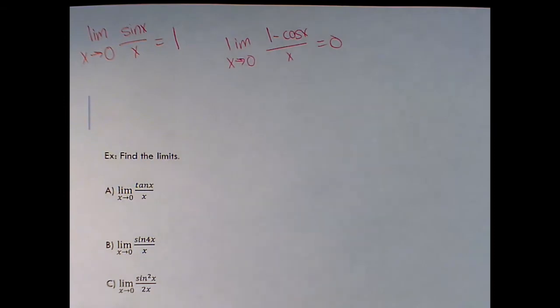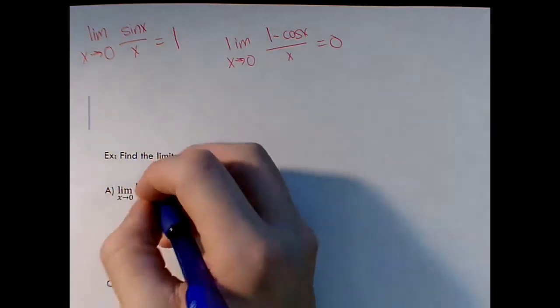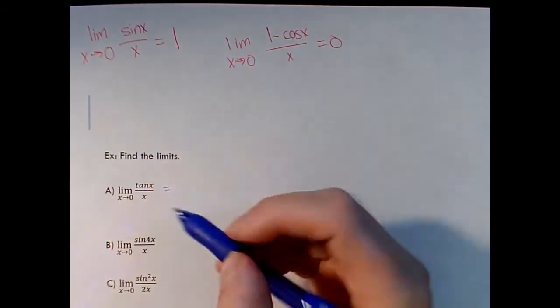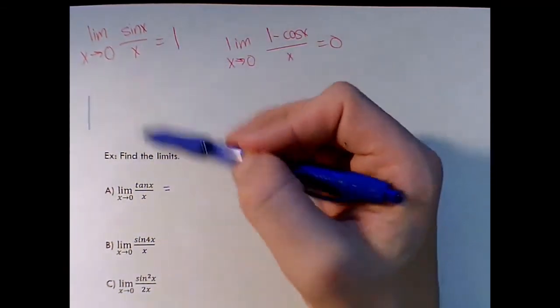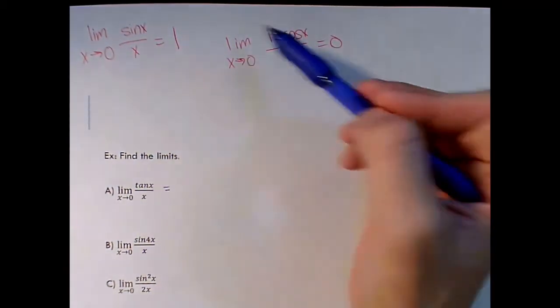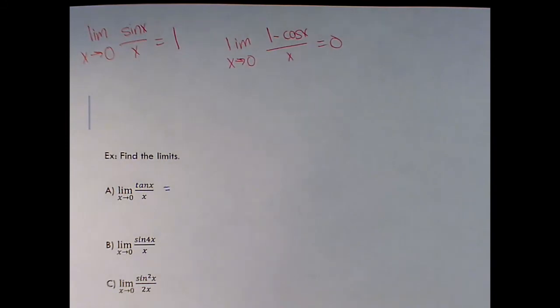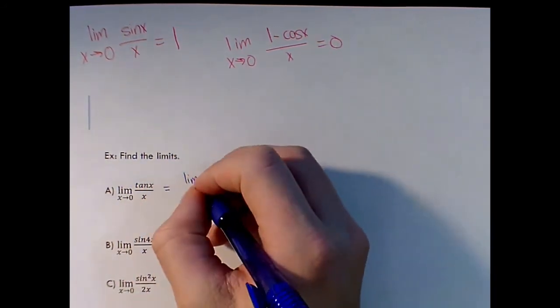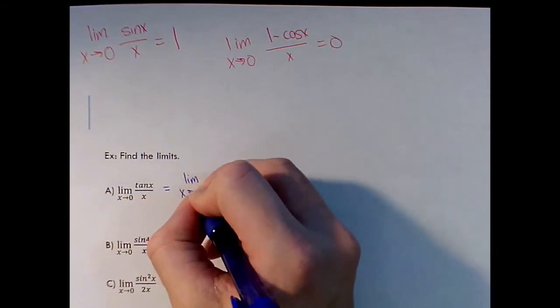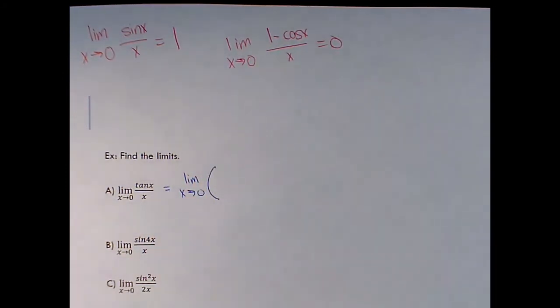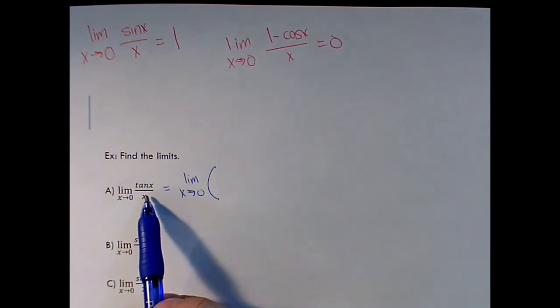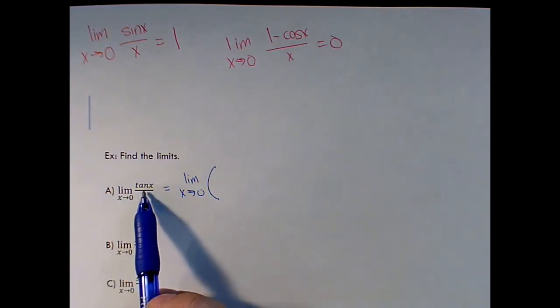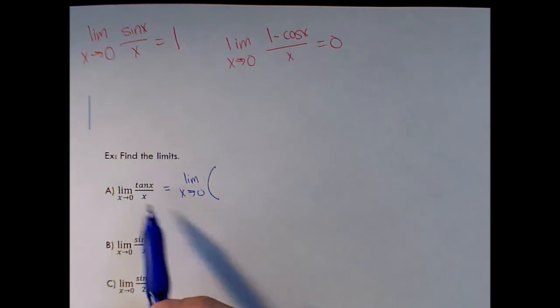So what can I do here? Well, if we're not directly given these guys, we're going to turn these guys into one of these guys by either changing the trig function into what we need or moving stuff out, and so on. What I'm going to do first is take the limit as x approaches 0. I know what tan x is. I know that tangent is sine over cosine.